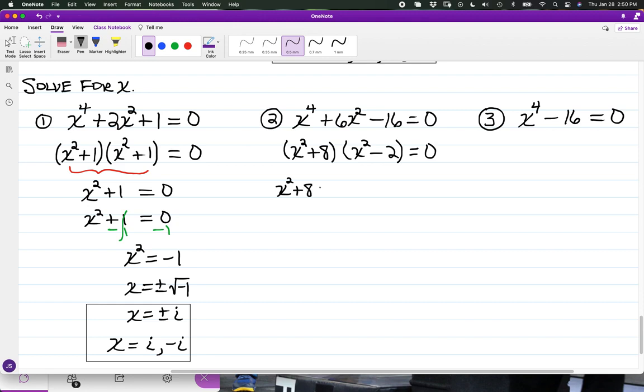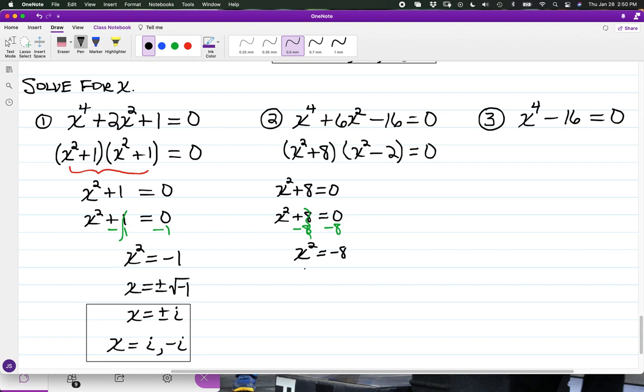so if I set x squared plus 8 equal to 0, and I isolate the x squared upon subtracting 8 from both sides, I'm going to have x squared is equal to negative 8.